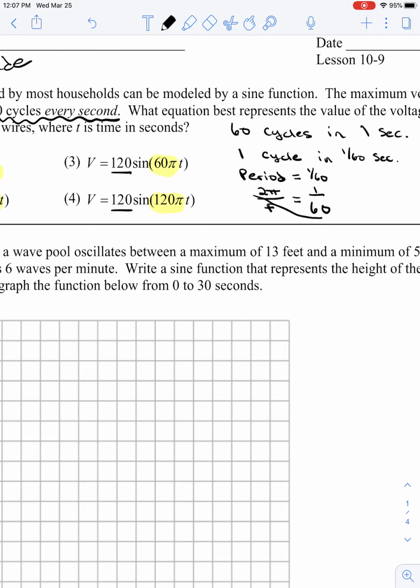If I cross multiply and solve, I would get 120 pi equals my frequency. So the correct choice for the do now should have been choice 4. The frequency is 120 pi.